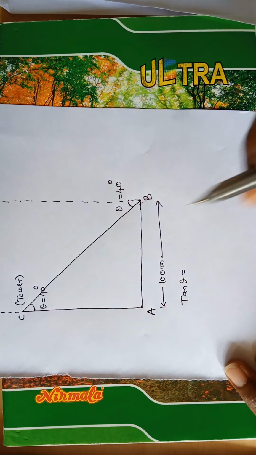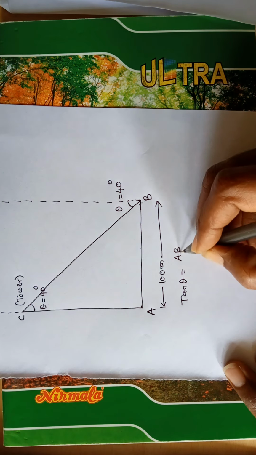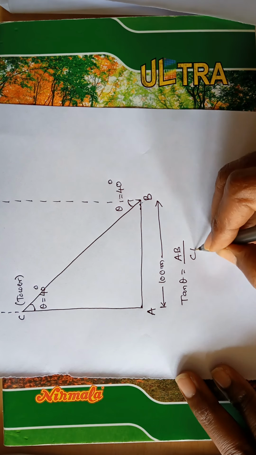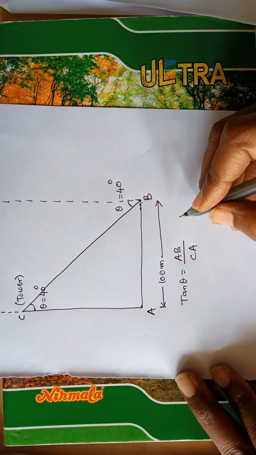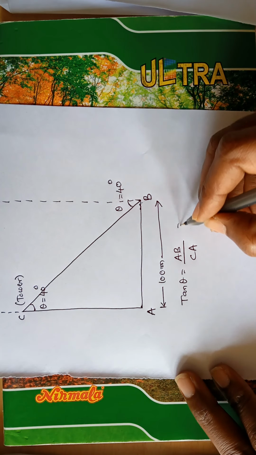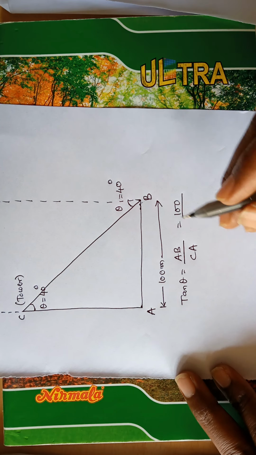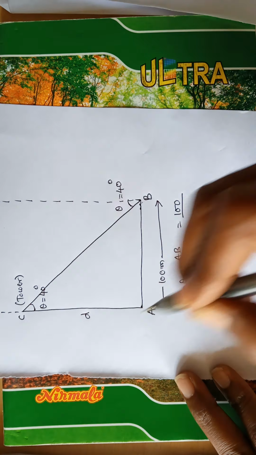What is opposite to theta? AB. What is adjacent to theta? CA. AB is known, 100 meters. CA is to be determined, that is the distance of the tower from you.